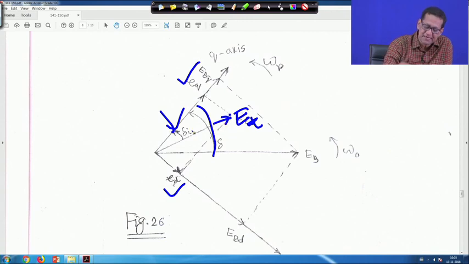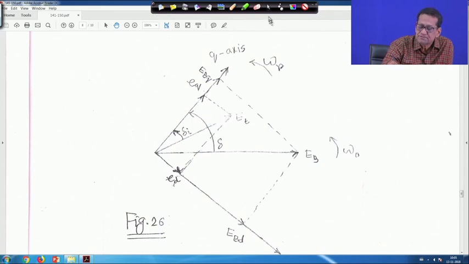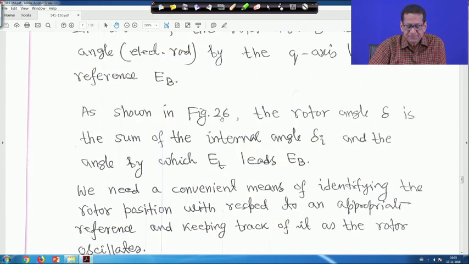Delta is equal to the delta I plus the angle between ET and EB. I will go back again. This is what I told in figure 26. The rotor angle delta is the sum of the internal angle delta I just told you and the angle by which ET leads EB.